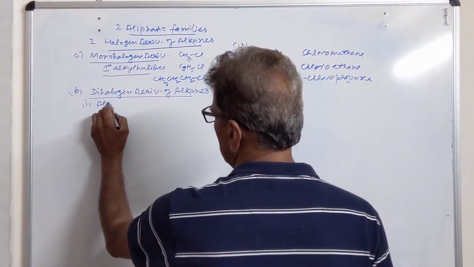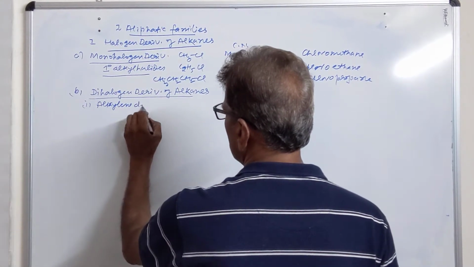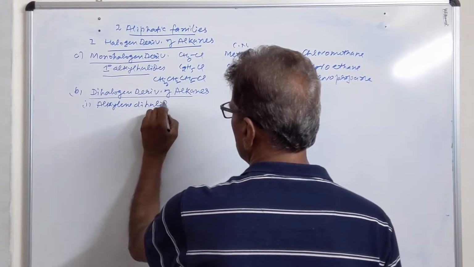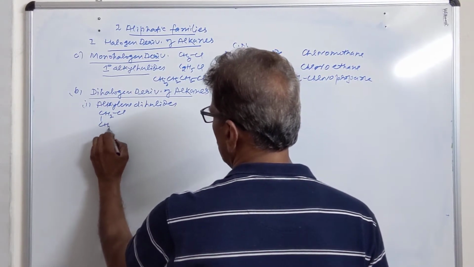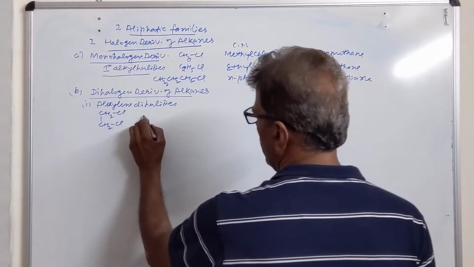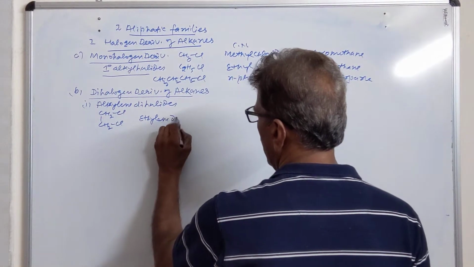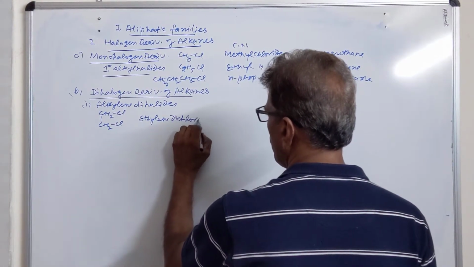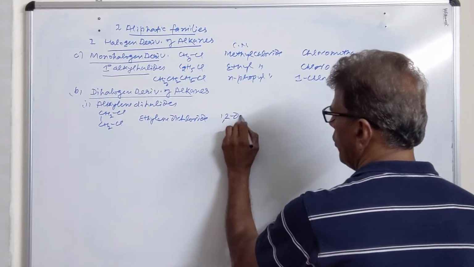First is alkylene dihalides: CH2Cl, CH2Cl. This is the first system. Common name is ethylene dichloride. IUPAC name 1,2-dichloroethane.